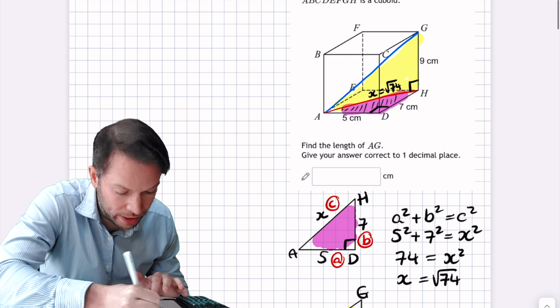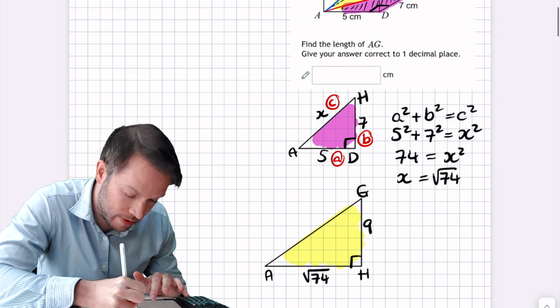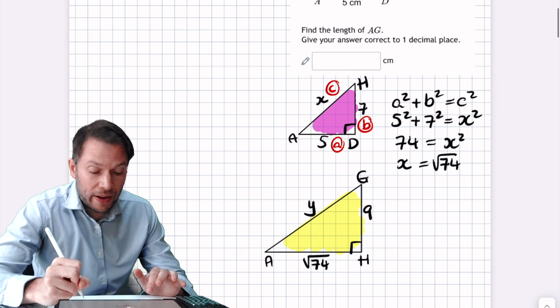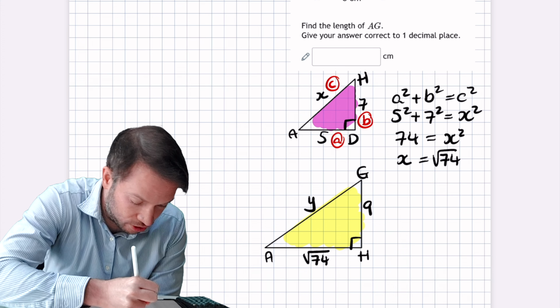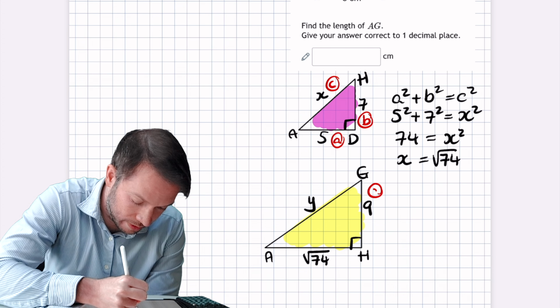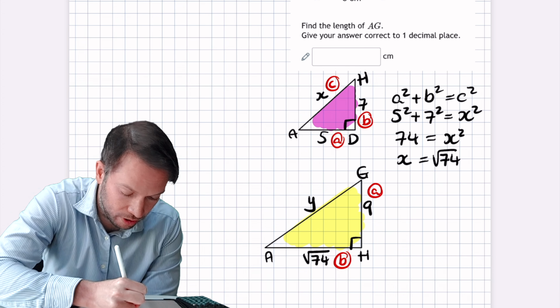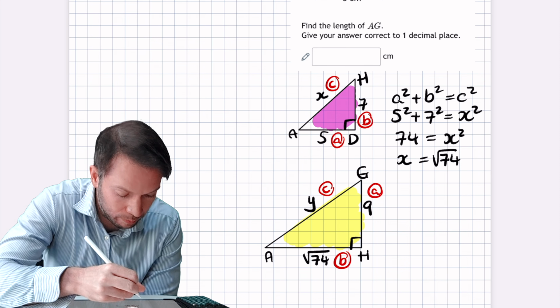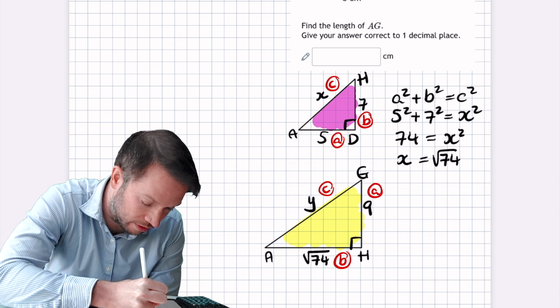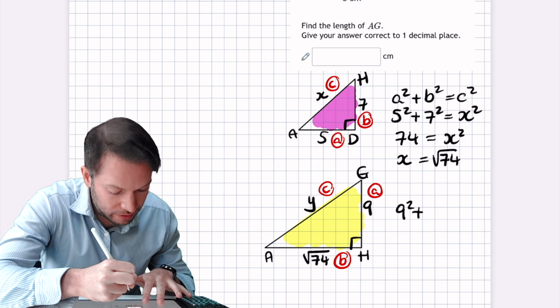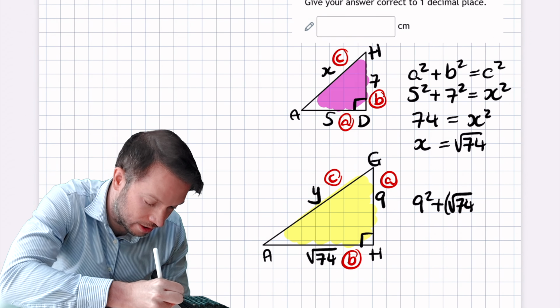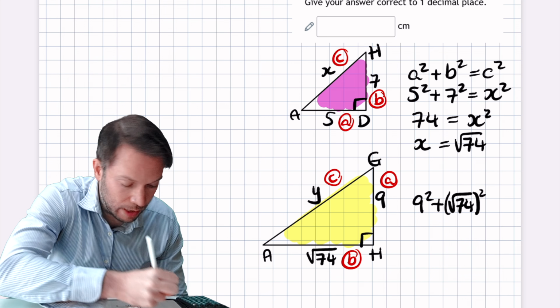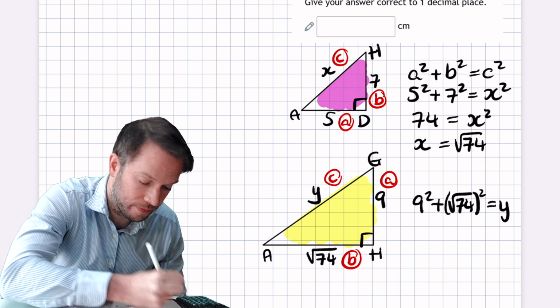Let's call that Y, because I've already used X. Again, using Pythagoras theorem, we call the shorter lengths A and B, and the longest length, the hypotenuse, is C. So we've got A squared, which is 9 squared, plus root 74 all squared, equal to the hypotenuse squared, so Y squared.